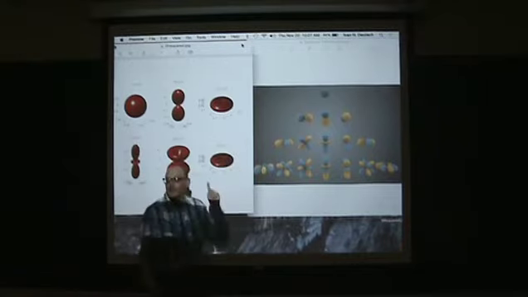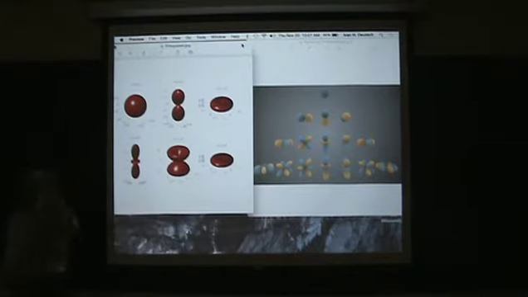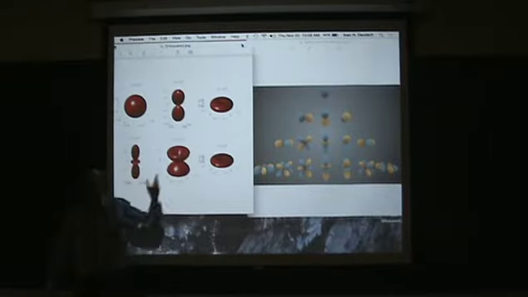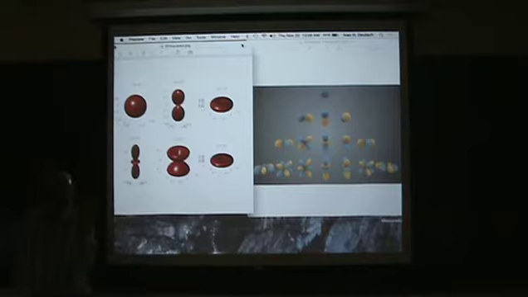It's got 0 probability amplitude at theta equals 0 and maximum probability amplitude at theta equals pi over 2. So these things mean something in terms of angular momentum. They're not just, oh God, what do these orbitals have to do with angular momentum? They have to do with the motion of particles and their probability amplitude.